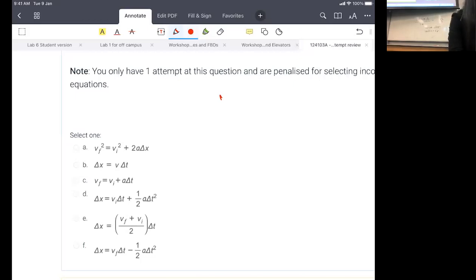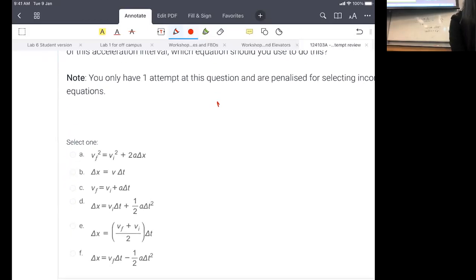Okay, so in the kinematic equations, notice how each contains 4 variables. Let's look at the first equation: it contains VF, the final velocity, VI, the initial velocity, A, acceleration, and delta X, the distance.